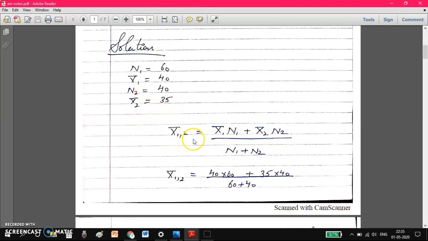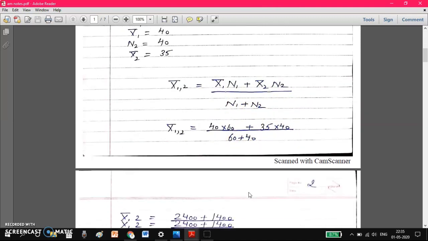So mean 1,2 we have to find, that is the arithmetic mean of the whole. Mean 1 is 40, n1 is 60, plus 35 into 40, that is mean 2 and n2, and n1 and n2 are 60 and 40.